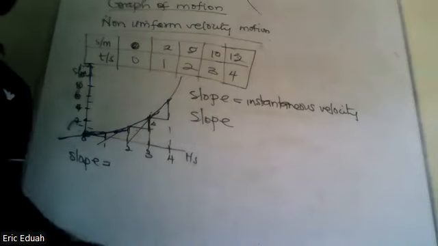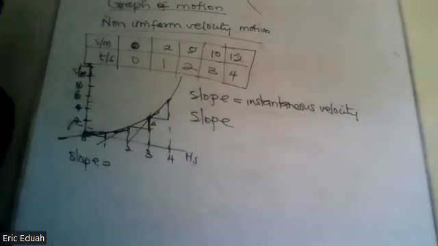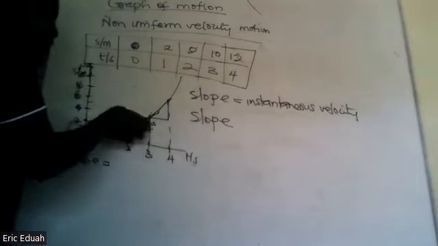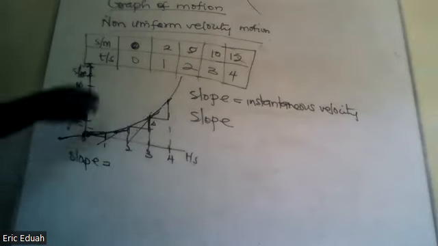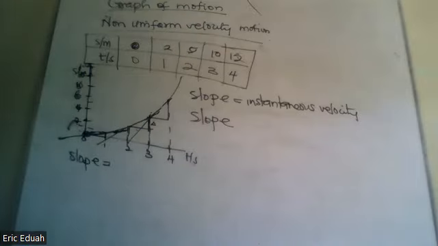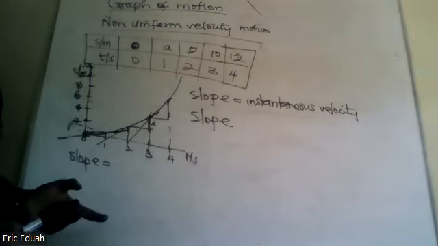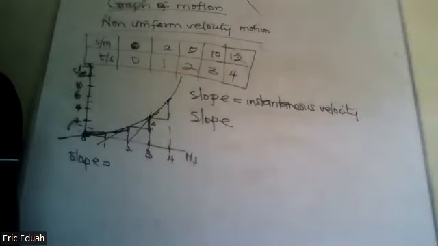Find the velocity of the body within time interval 3 to 4; within this given time interval, it is this. Find the velocity within time interval 2 to 3. Is that okay? That will give you the velocity within that given period, hence instantaneous velocity.